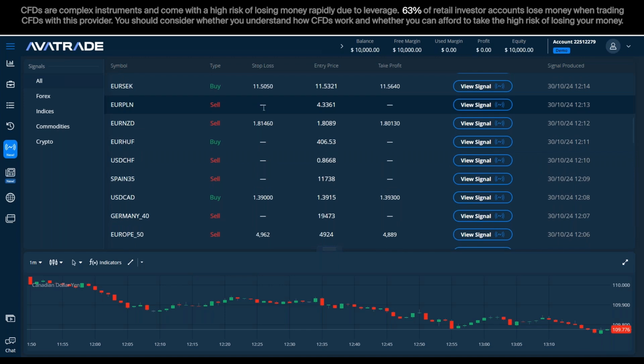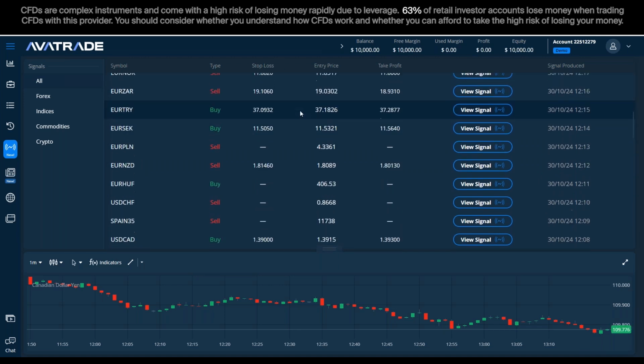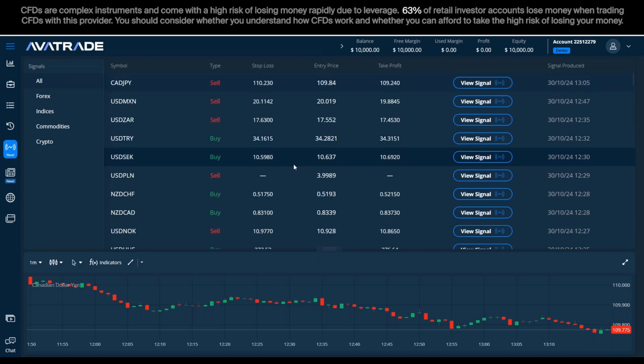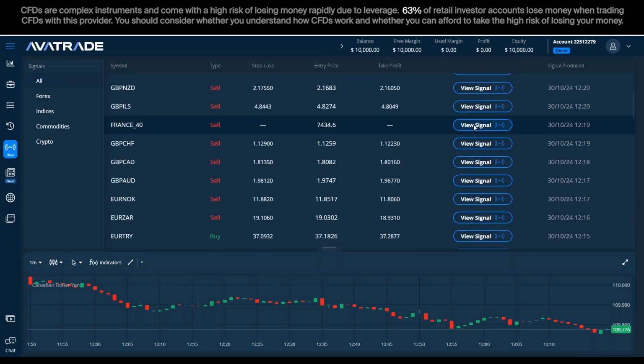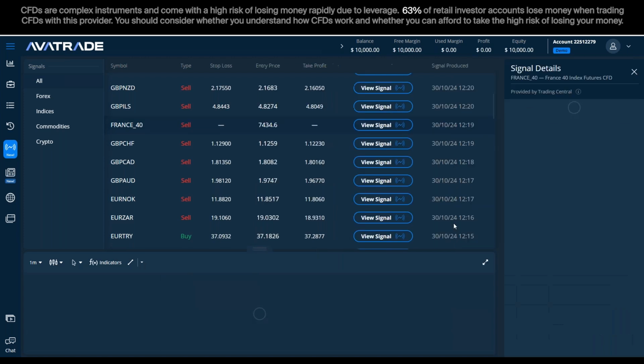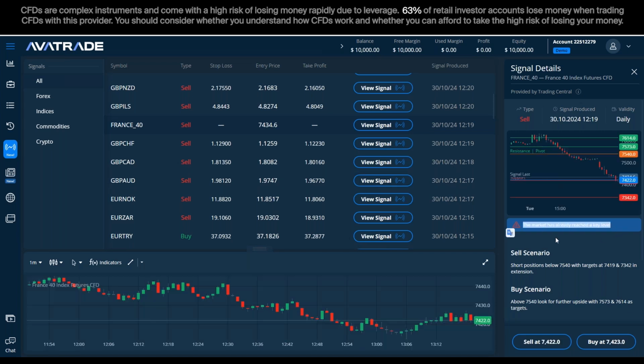So basically, all those things that you see blank with the take profit and stop loss, this will obviously not let me enjoy the signal. The reason is that the analysis that was done here is already fulfilled. If I take this as an example and click on view signal, it's going to tell me the market has already reached a key level.